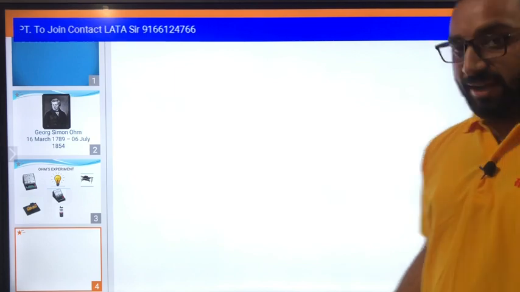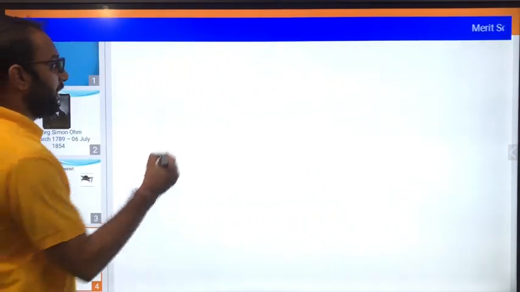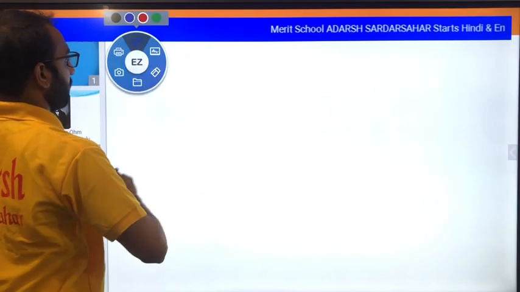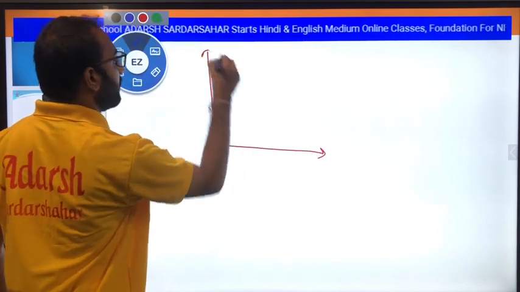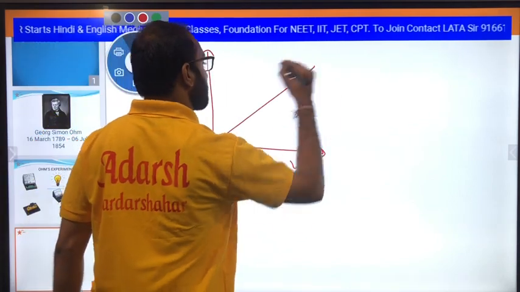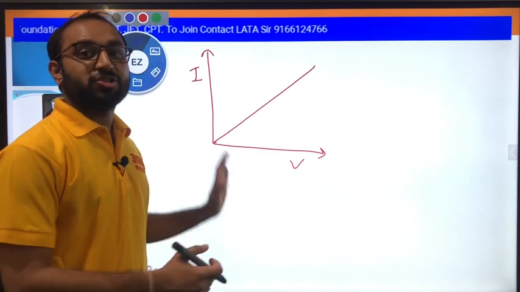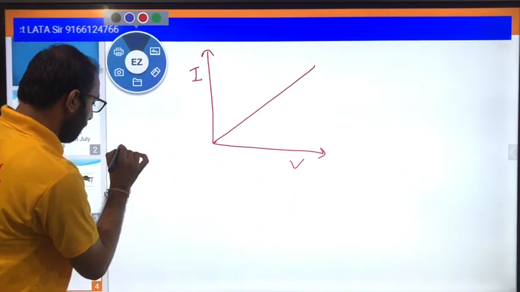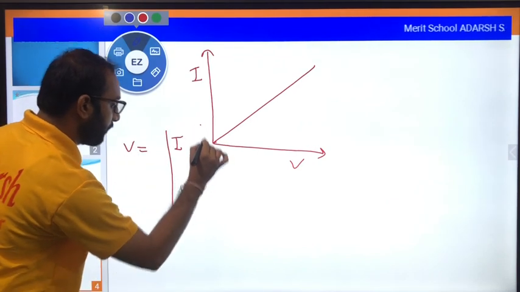When Ohm measured the values of V and I, he made a graph and showed that the graph is linear. This one is V and this one is I. The graph always looks like this. When he measured the relation between V and I, what did he do? He took different readings of the voltmeter and the ammeter.